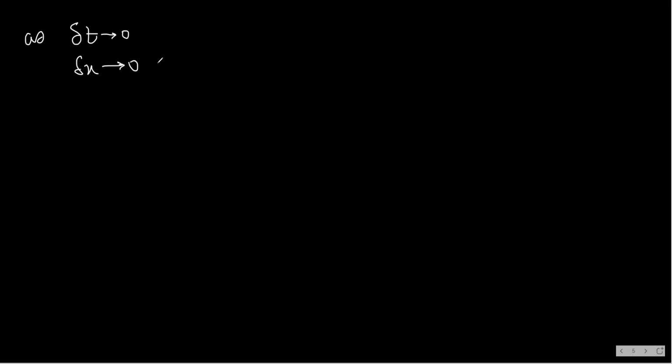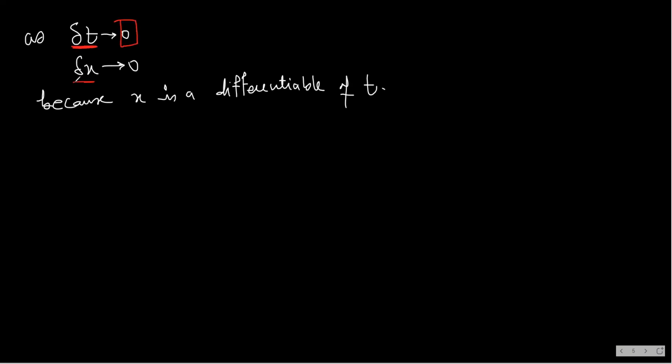Why? Simply because x is a differentiable function of t. So definitely when the change in t will diminish, it will approach 0, the change in x would also approach 0.